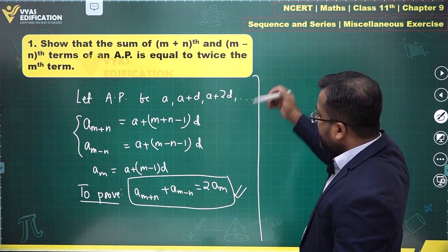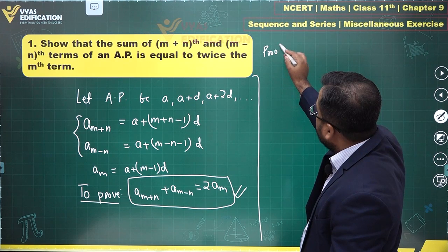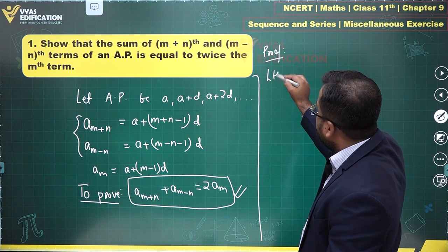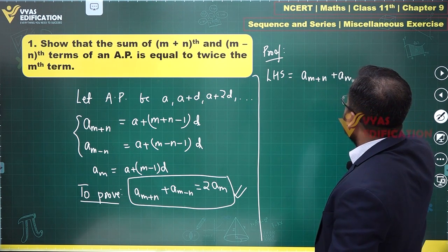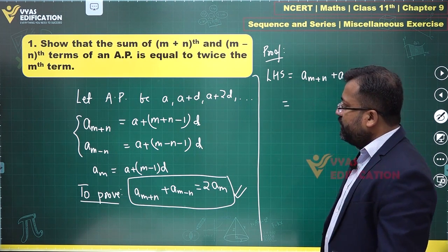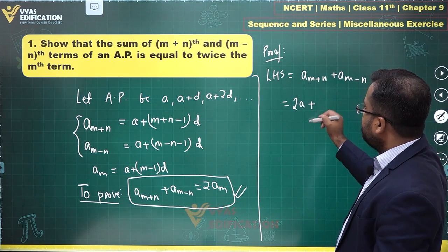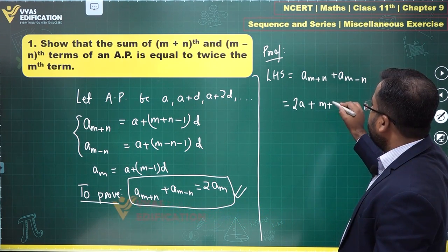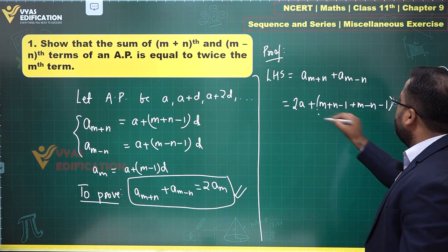And how can we prove that, right? This is a proof basically. Let's take a look at the proof. So for proof, what do I need? LHS, left hand side, is a m plus n plus a m minus n. What is that equal to? This is a plus a, 2a, plus, what do we have? m plus n minus 1 plus m minus n minus 1 times d.